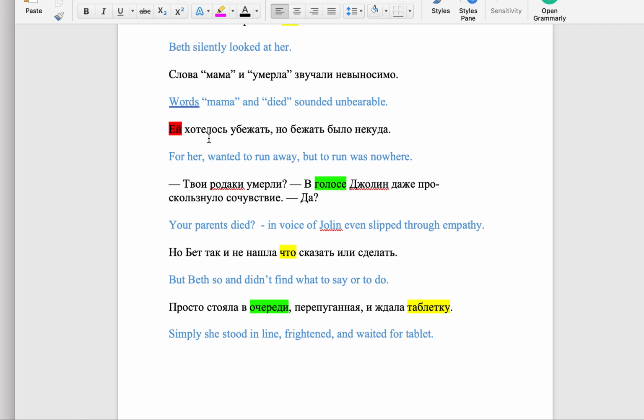So we were talking about how the dative is often used with terms of expression for how I'm feeling. Мне плохо, мне ужасно, мне страшно. So here, ей хотелось. So there was a desire for her to run away, to escape, basically. And so that's basically what it means. For her, she wanted to run away, but there was nowhere to run.